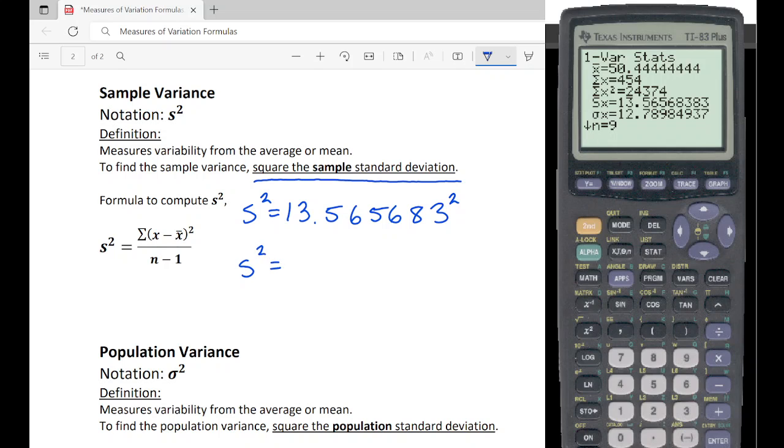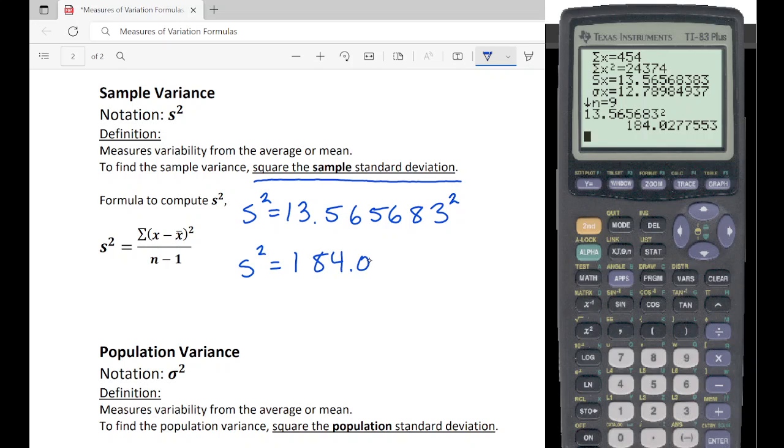So if I take my sample standard deviation and square it, I will get this answer here, 184.0277553. And again, I'm just going to round to 2 decimal places, so 184.03.